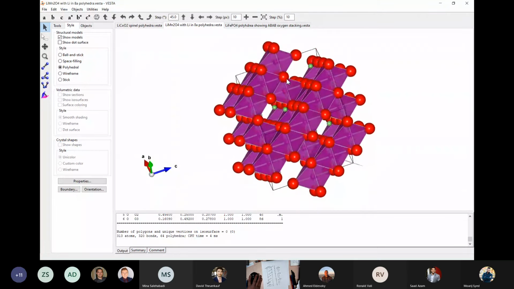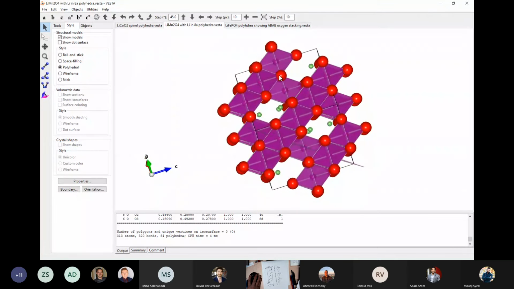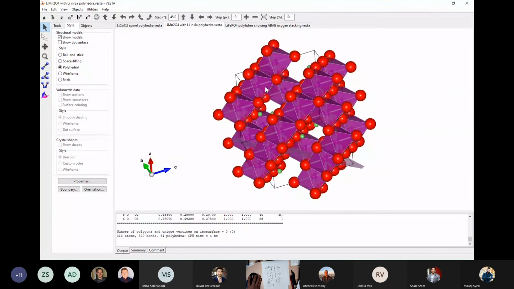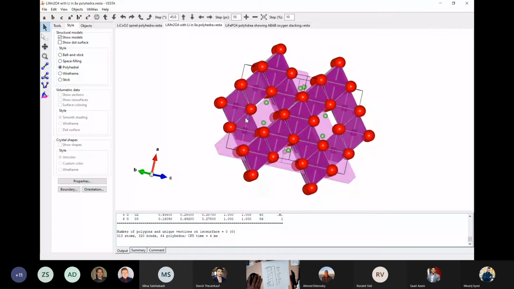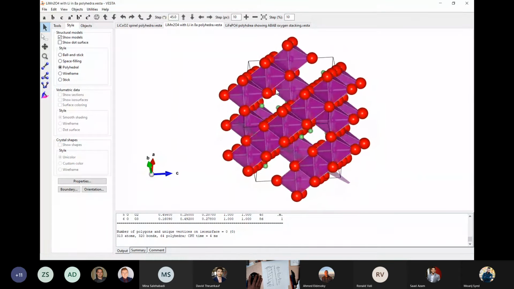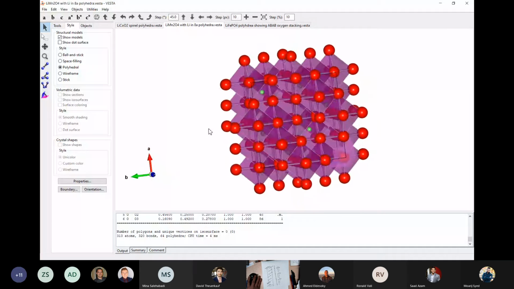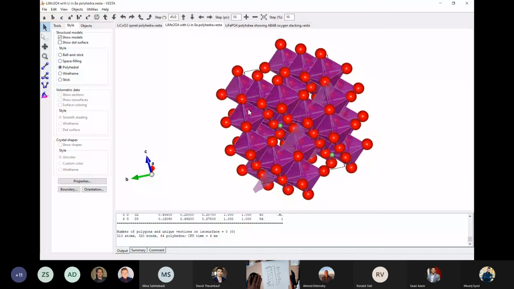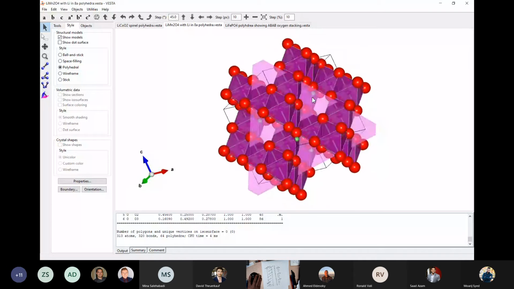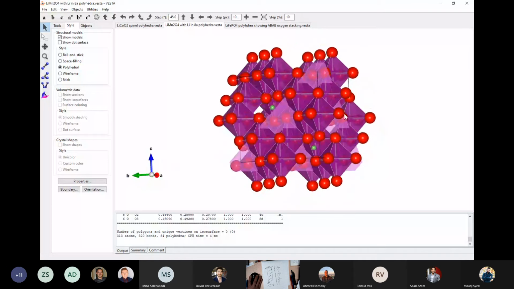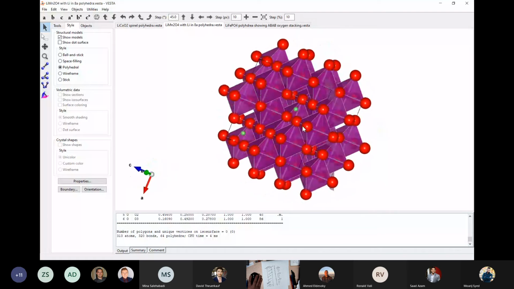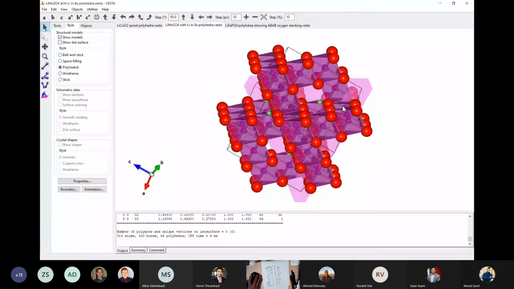So here it is, and the cubic unit cell box is outlined, and we could rotate this thing to highlight the oxygen layers again. We'll try to do that. You don't really have too much control. There we go.